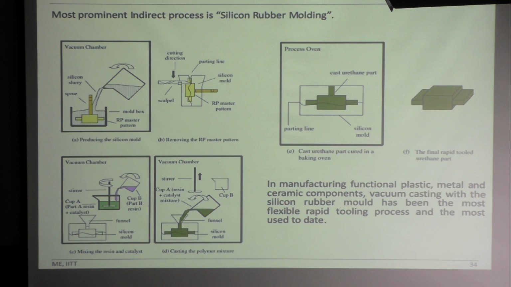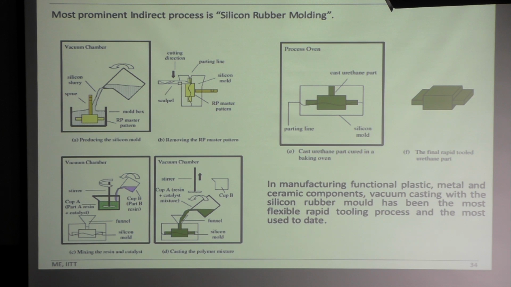Once you assemble that, you will get the complete cavity which resembles the shape of the component you are going to manufacture. Then you place the funnel and pour the polyurethane material, which is the material of your casted product, or the copying component. You pour it, cure it, then disassemble the two silicon rubber molds and take out the component.